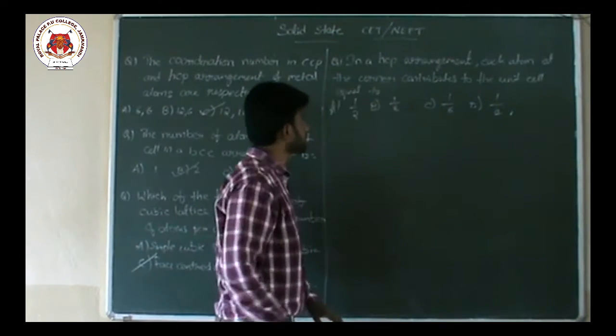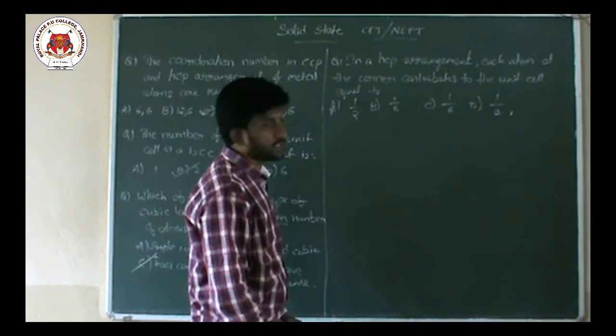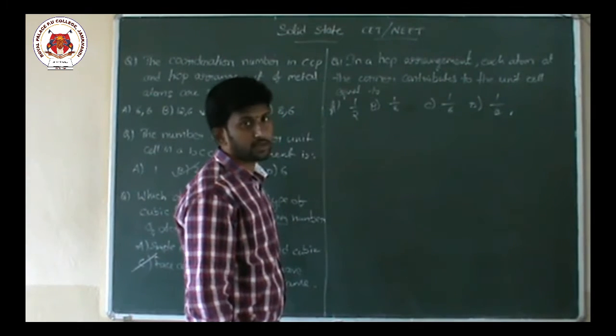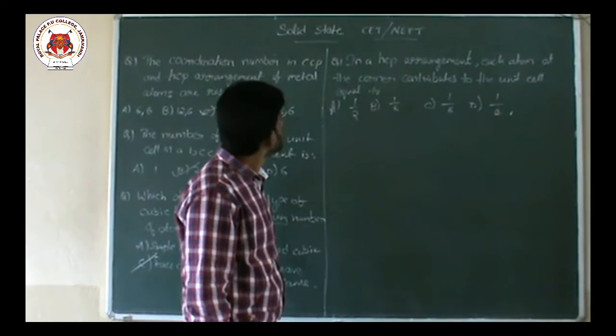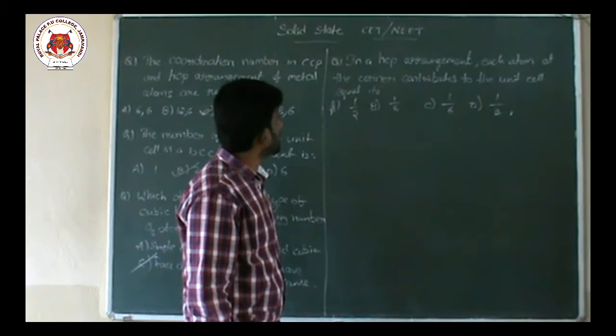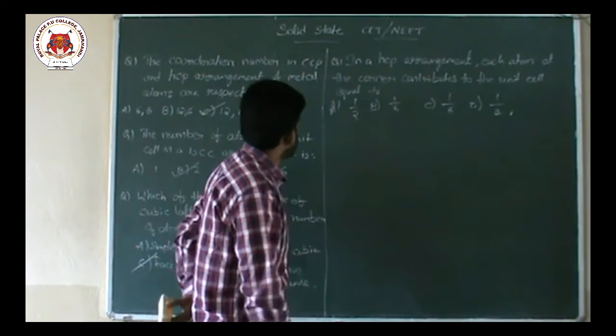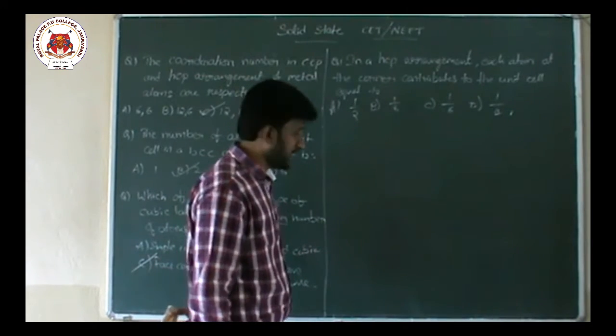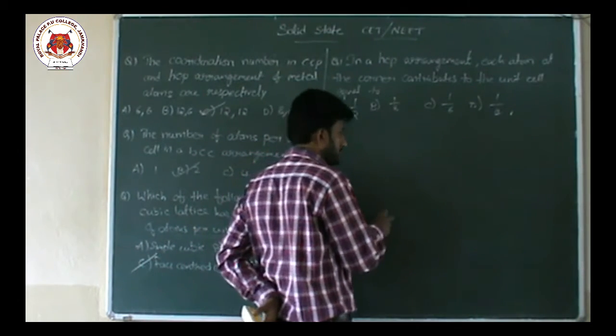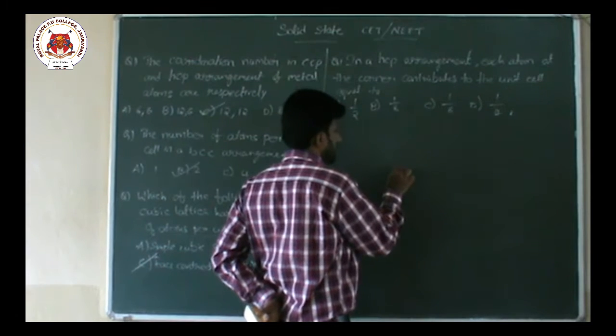Coming to the question: in a HCP arrangement, hexagonal close pack, each atom at the corner contributes to the unit cell equal to. For the HCP arrangement, I will show the diagram. The diagram is like this.